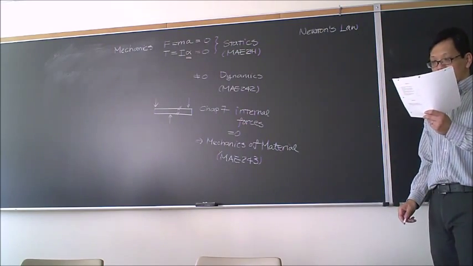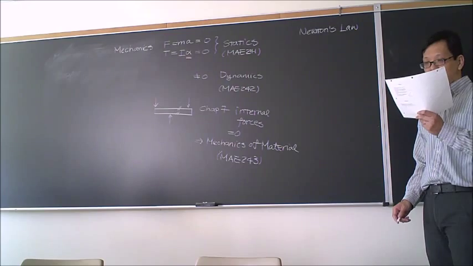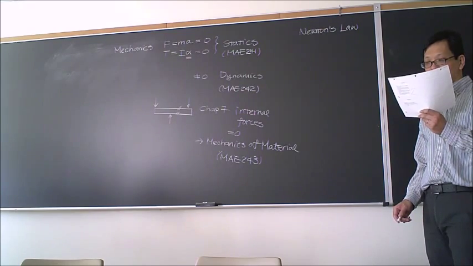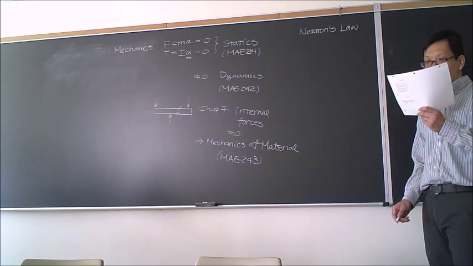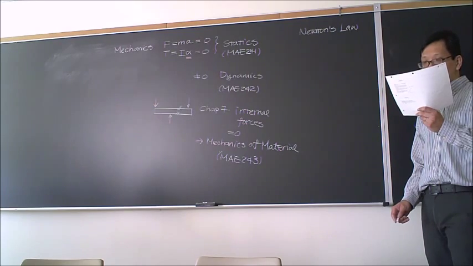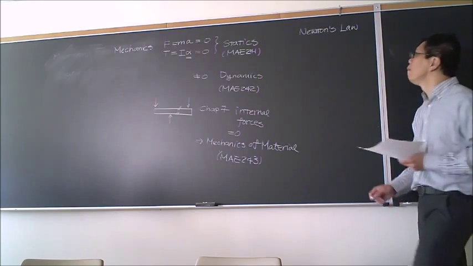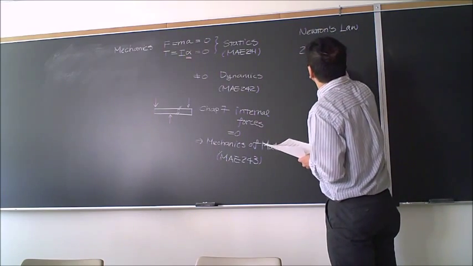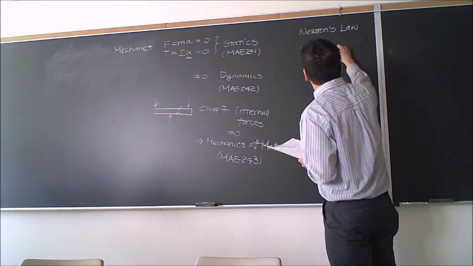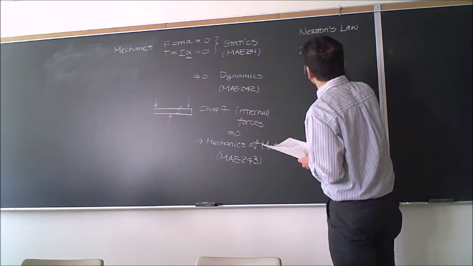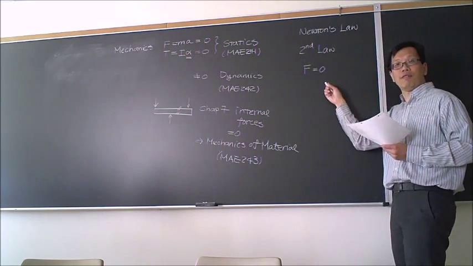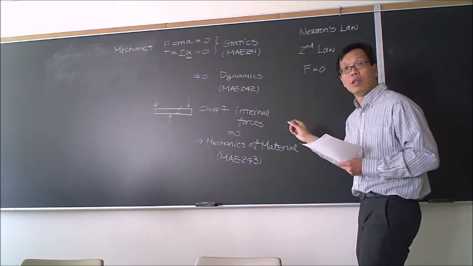Second law, if a force acting on the particle is not 0, the particle accelerates in the direction of the force. And the magnitude of acceleration is proportional to the magnitude of the force. Well, we use part of this thing, but we only use F equals 0. So when we are talking about F equals 0, we're actually talking about a few things.